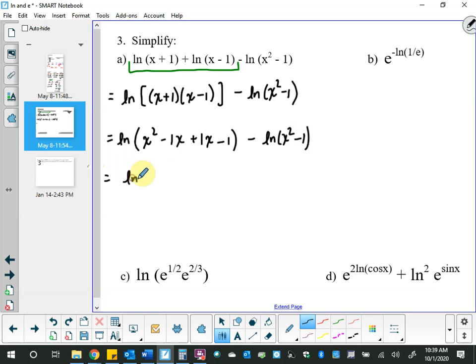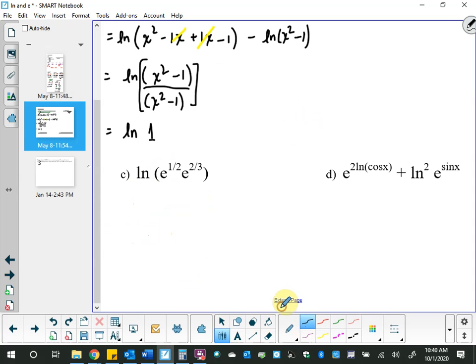So that's ln x squared minus 1 makes 0. And I've got a subtraction sign here, which really means that I can take this x squared minus 1 and divide it, because subtraction and division are hooked together, by the x squared minus 1 that's sitting here with this ln. And then hopefully you recognize that anything, regardless of how messy it is, over itself is 1.